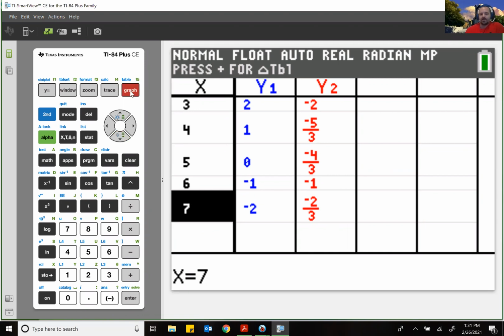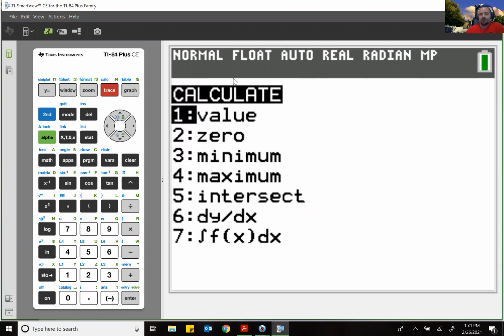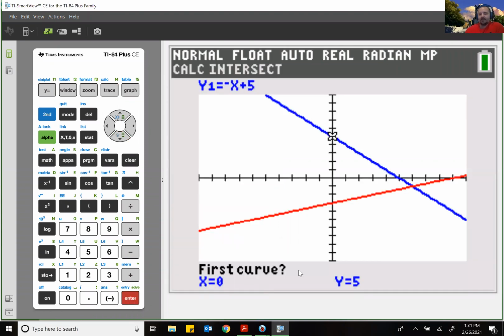Or you can go out to graph, and if you hit second trace and bring up calculate, you can go right down to number 5 for intersection. So I scroll down, and this is going to ask you 3 questions. It's asking you where the intersection is on the blue line.